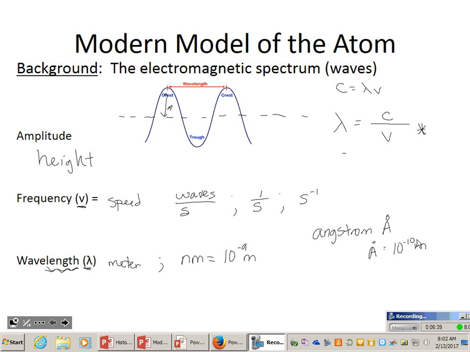And then the other relationship that you're going to need to know is one that was developed by someone named Max Planck. What happens to the frequency of the wave as you increase energy? You saw that when I put in more energy, what happened to the frequency? Did it go up or down?